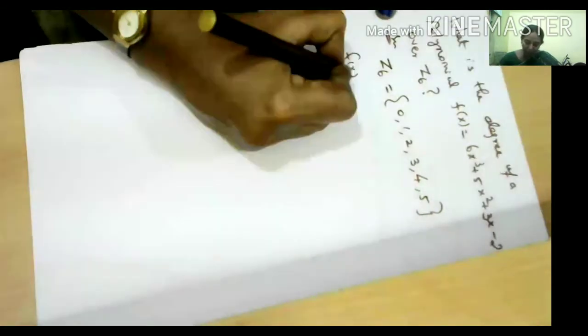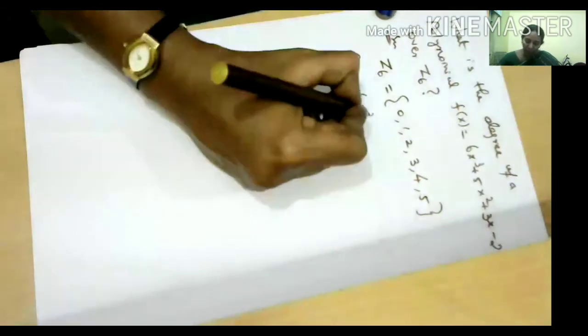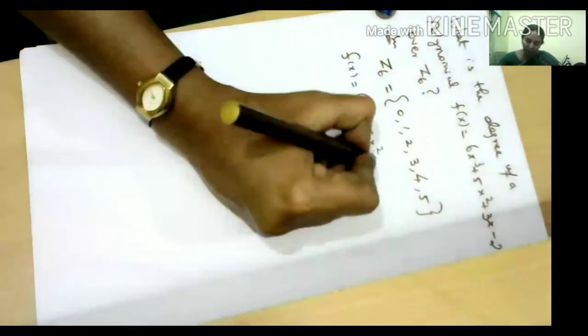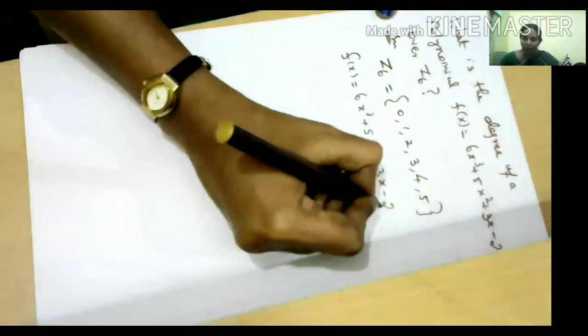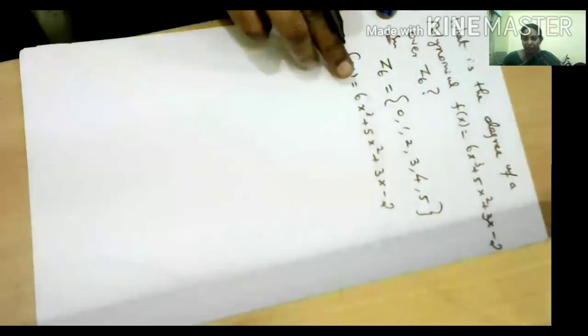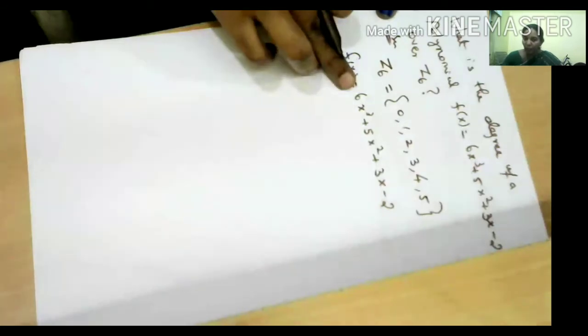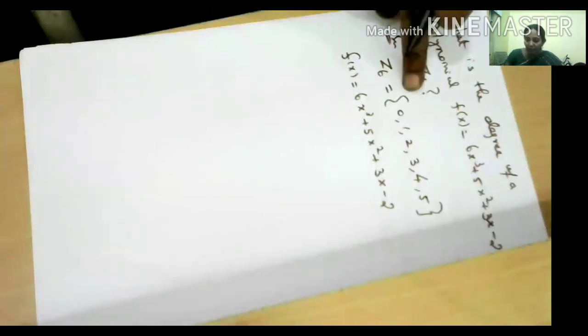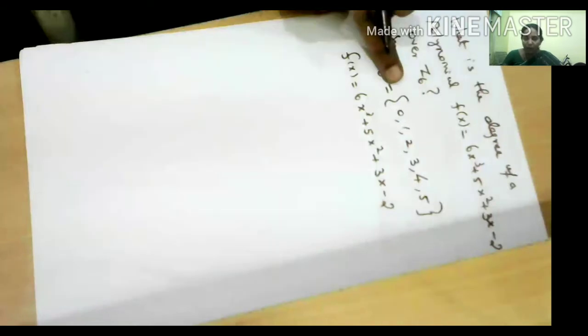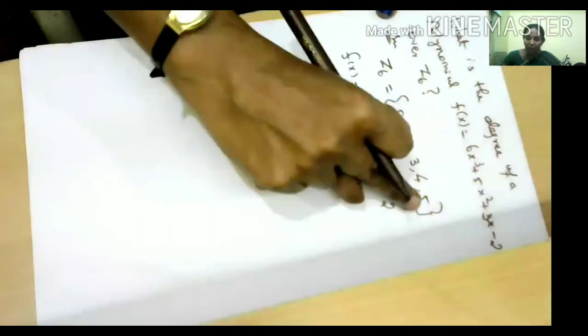Now take the given polynomial, f of x equals 6x cubed plus 5x squared plus 3x minus 2. Check the coefficient of each term. The x cubed coefficient is 6. Does 6 belong to set 6? No, it does not. The elements are only 0, 1, 2, 3, 4 and 5.